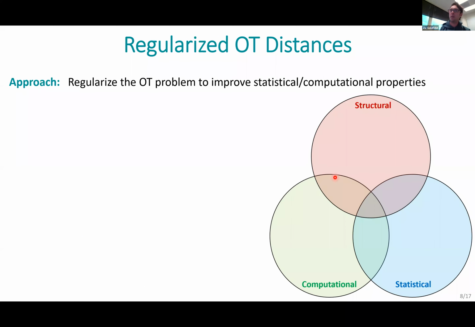And really, the name of the game here is to balance out these three key aspects. On the structural side, you may want your regularized version to preserve the metric and topological Wasserstein structure. You may want to inherit the duality theory, which is useful for a bunch of applications.